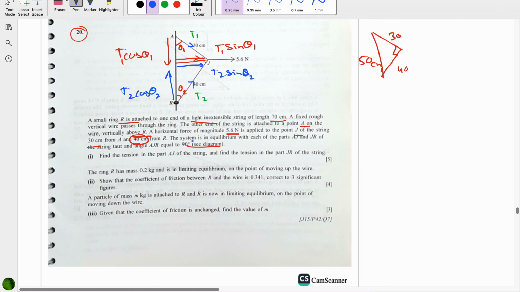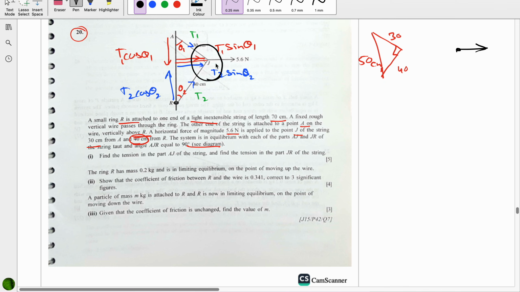Okay, now we had some information about the ring. Before that, if I solve this, let me say we are solving around J. Whatever is the point of consideration, tension is always away from that.